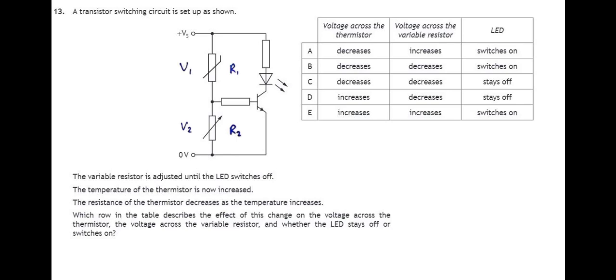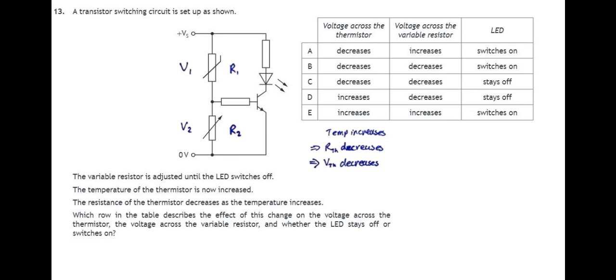So what's going to happen here? Well, as the temperature of the thermistor is increased, the resistance of the thermistor decreases. If the resistance of the thermistor is decreasing, that means the voltage across the thermistor is also decreasing.